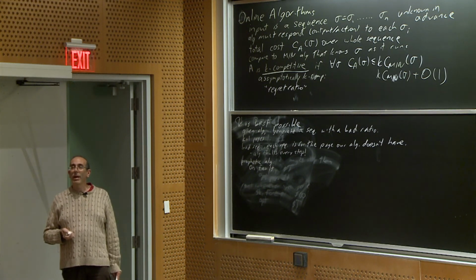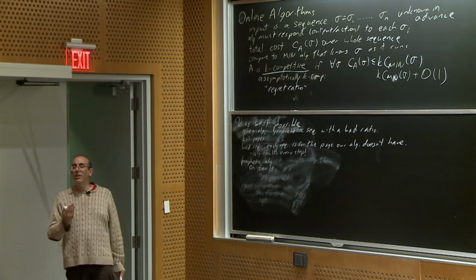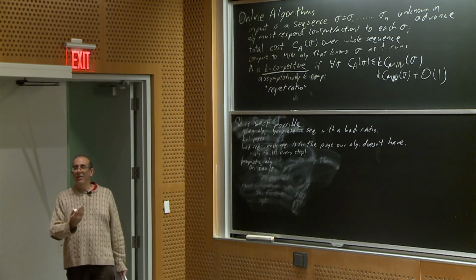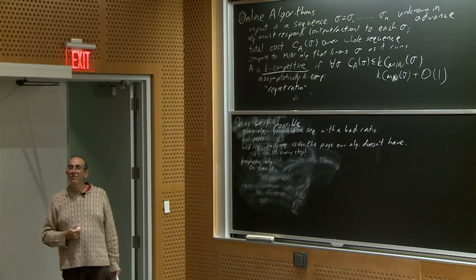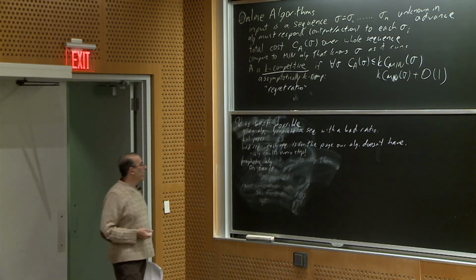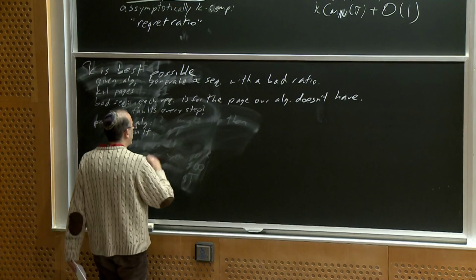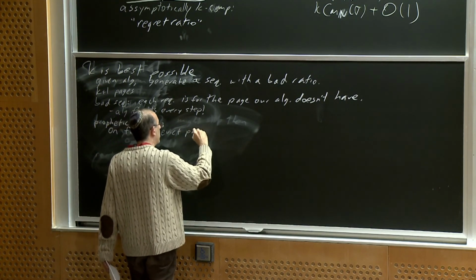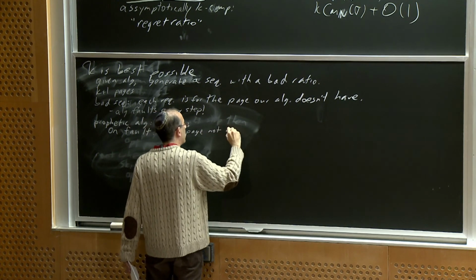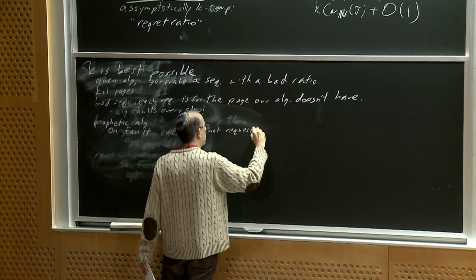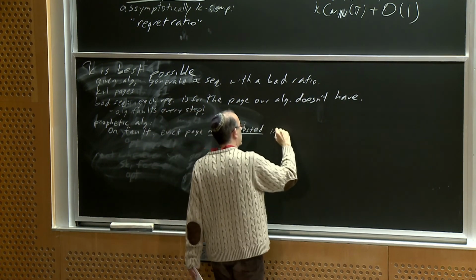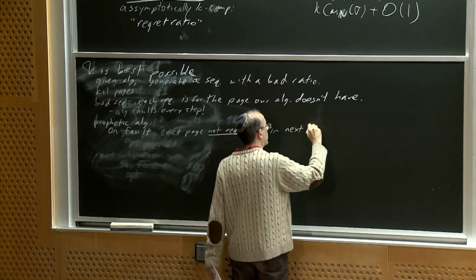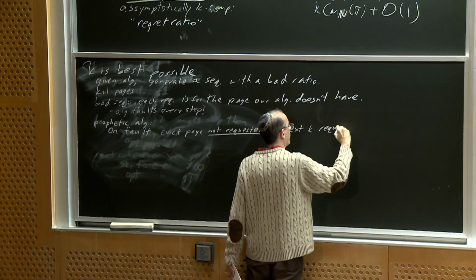If a page is asked for twice in a row, or 3 times in a row, then you could get into trouble. But I'm going to play a nasty trick. I know the sequence, so I'm going to evict the page that is not requested in the next k requests.